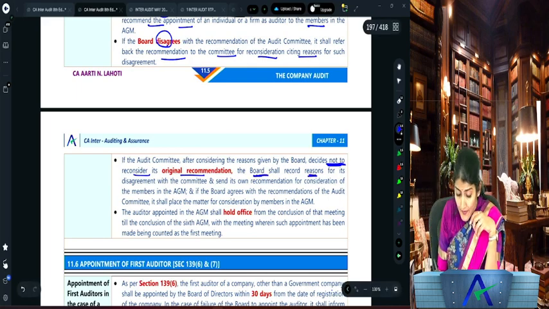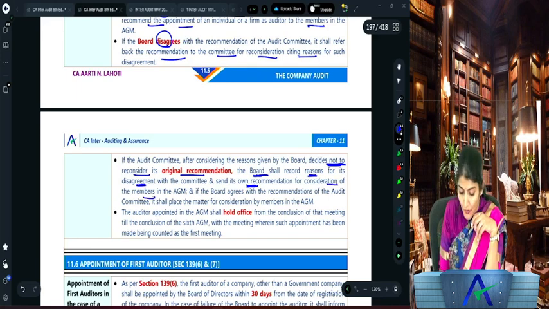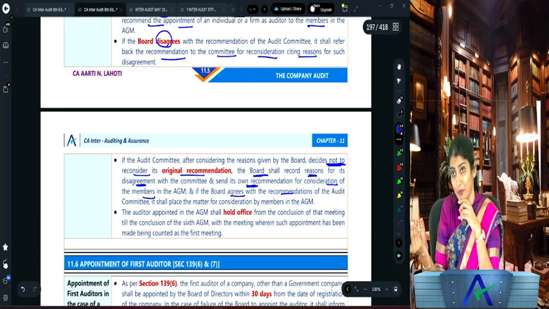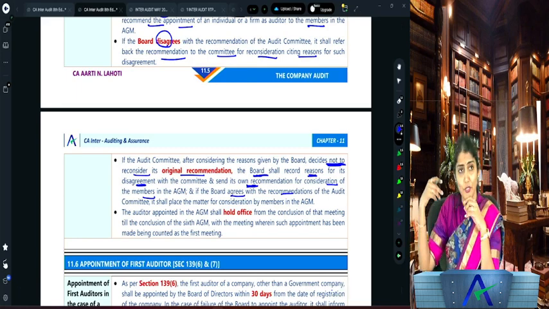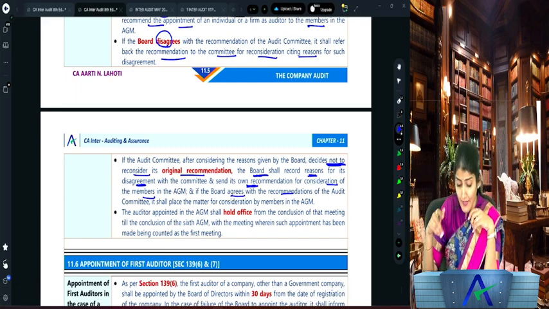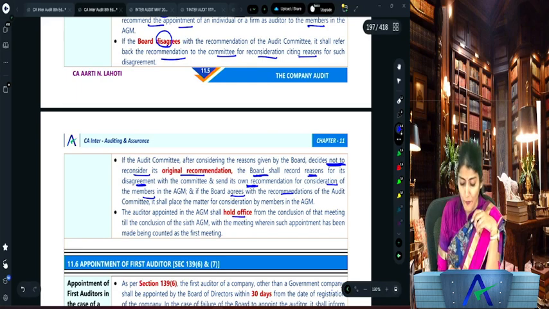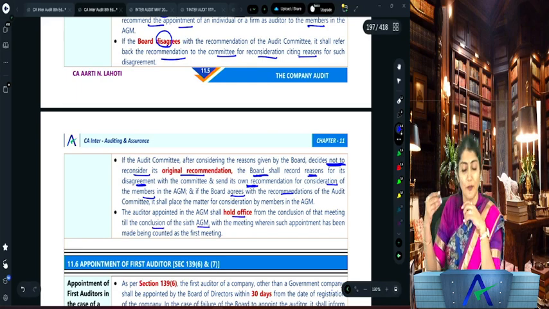It will record the reasons for the disagreement with the committee and send its own recommendation for consideration of the members in the AGM. And if the board agrees with the recommendation, then no problem. Then they can pass on that recommendation to the members. Are you understanding that? And obviously the auditor will hold office from the conclusion of that meeting till the conclusion of the 6th meeting.